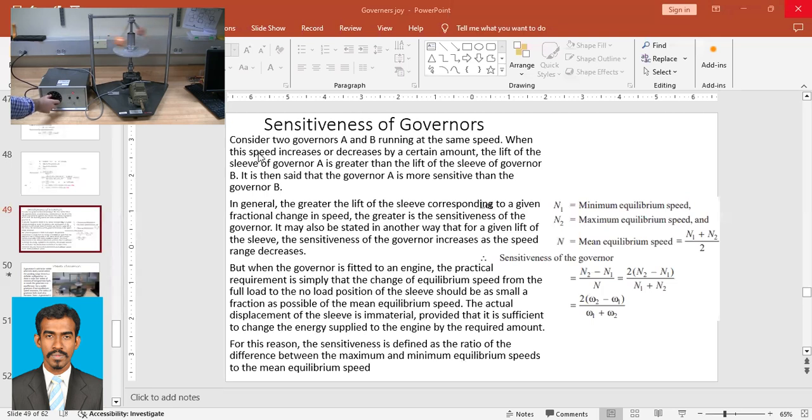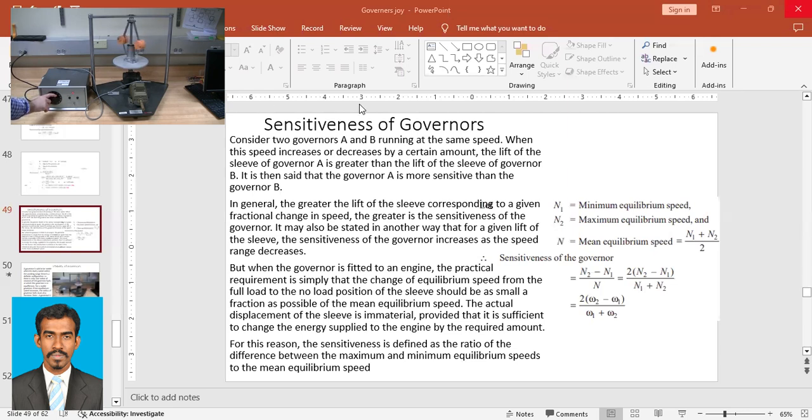Say, for example, the lift of the sleeve of governor A is greater than that of governor B for a certain speed change. So for the same speed change, the lift is different. That is the scenario you need to understand. It is then said that governor A is more sensitive than governor B.